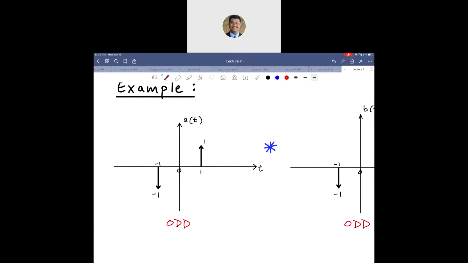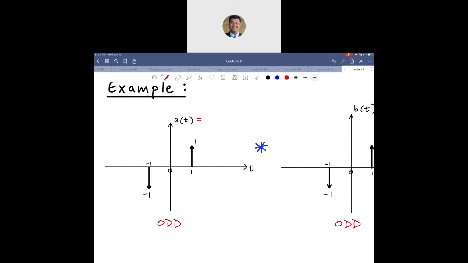So a of t, how can I write that in terms of impulses? I can write that as negative delta of t plus 1 plus delta of t minus 1. Those are the two impulses for a of t. It is odd because it is symmetric about the origin.